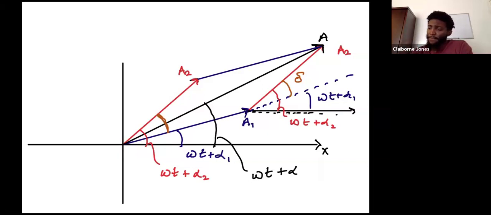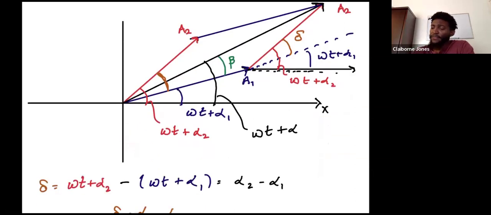Let's call, and we know that this is angle omega t plus alpha, right? So let's call this angle here between A and A1 some angle. Let's give it some green. I'm going to call it beta.